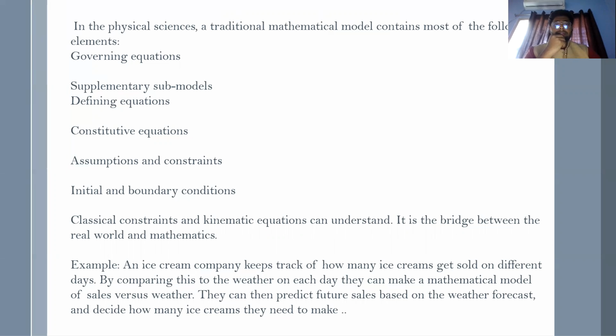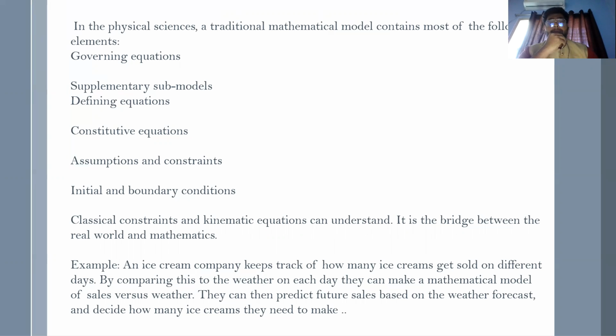In the physical science, a traditional mathematical model contains most of the following elements: governing equations, supplementary submodels, defining equations, constitutive equations, assumptions and constraints, initial and boundary conditions, and classical constraint and kinematic equations. It is a bridge between the real world and mathematics.